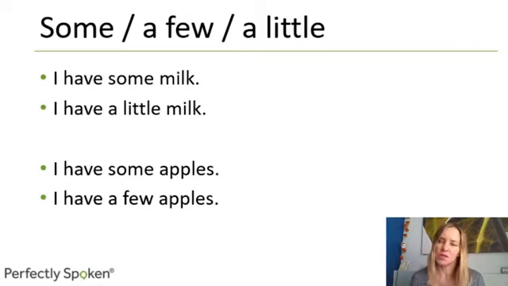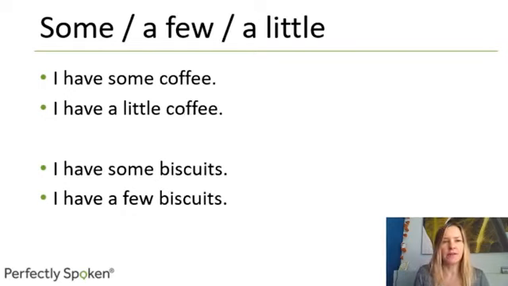So some soup, some juice, some oil, or a few. So here we have some more examples, okay? I have some coffee. I have a little coffee. I have some biscuits. I have a few biscuits.